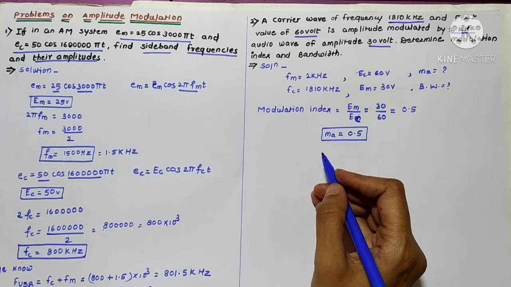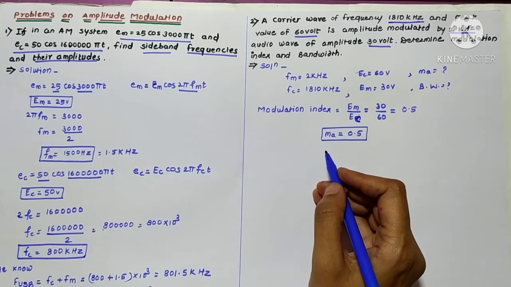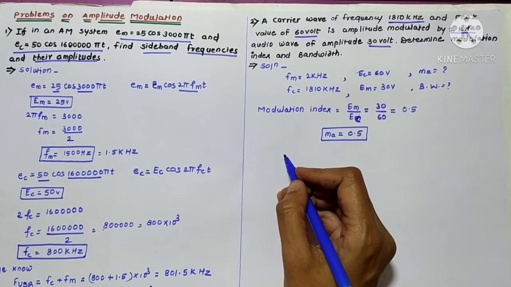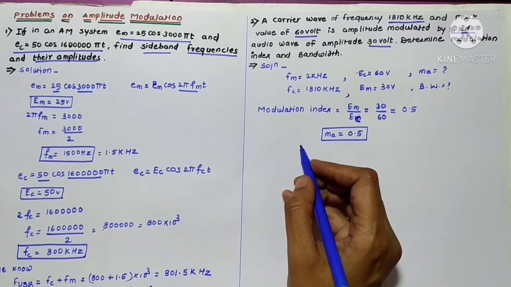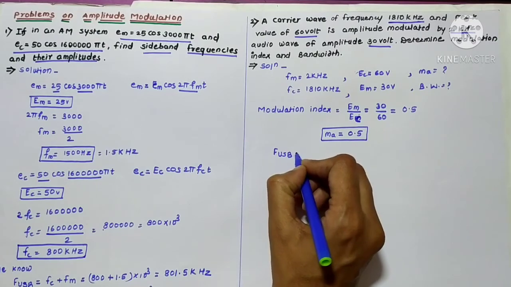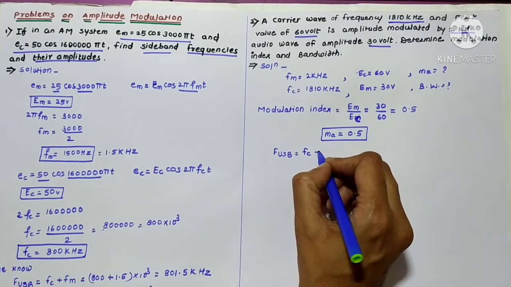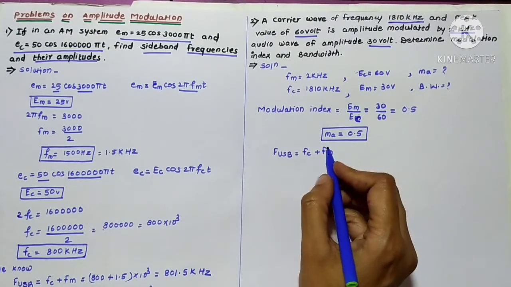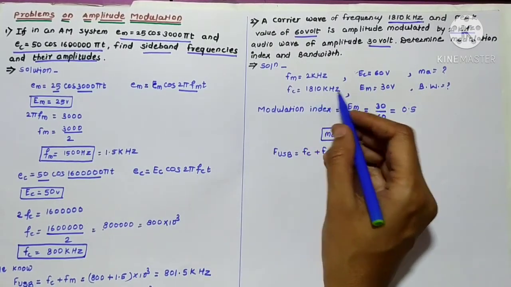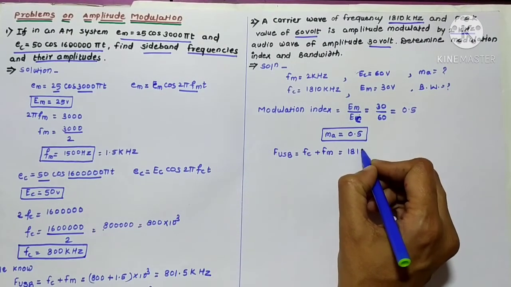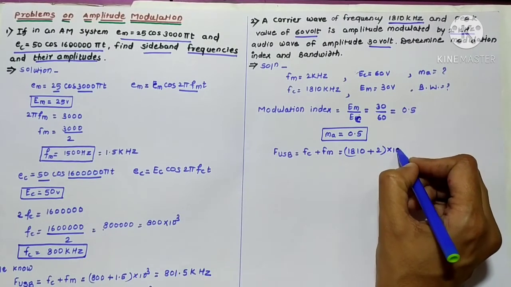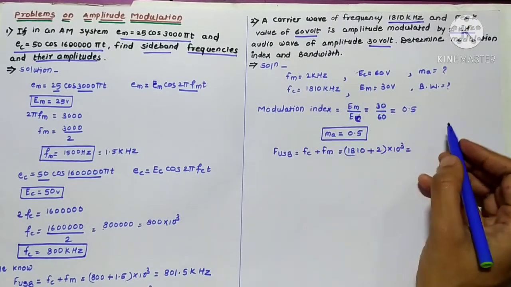Okay students, now second, you have to find out bandwidth. For bandwidth, first we have to find the frequency of upper sideband and frequency of lower sideband. Therefore F USB is equal to Fc plus Fm, that is 1810 plus 2 into 10 raised to 3, because both are given here in kilohertz.